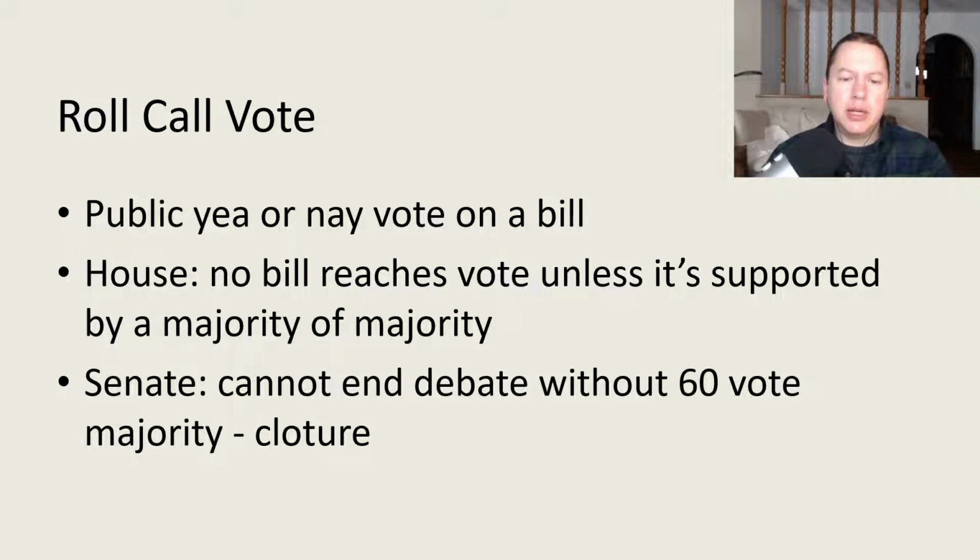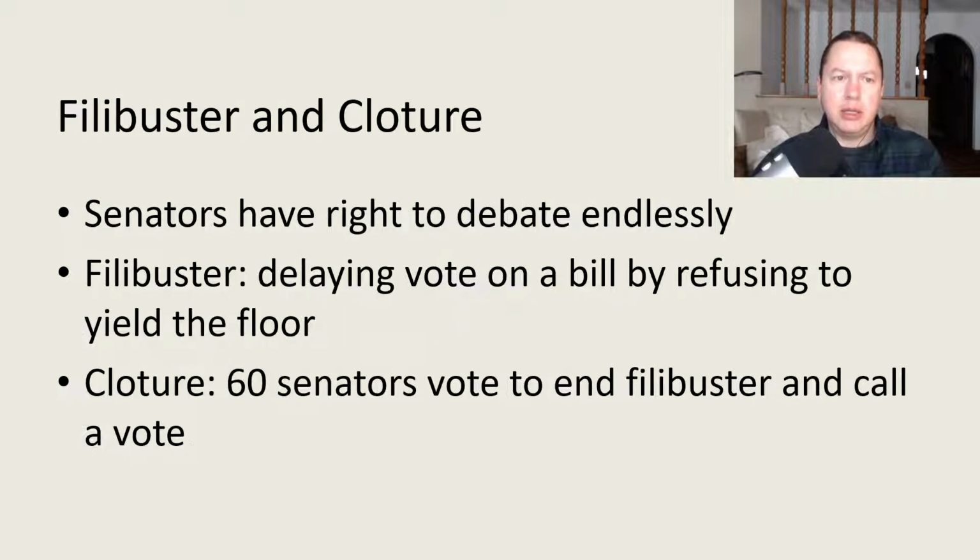In the Senate, you cannot end debate without a 60-vote majority. This is called the cloture rule. This is particular to the U.S. Senate. Senators have the right to debate endlessly. The filibuster is a tactic of delaying a vote on a bill by refusing to yield the floor.